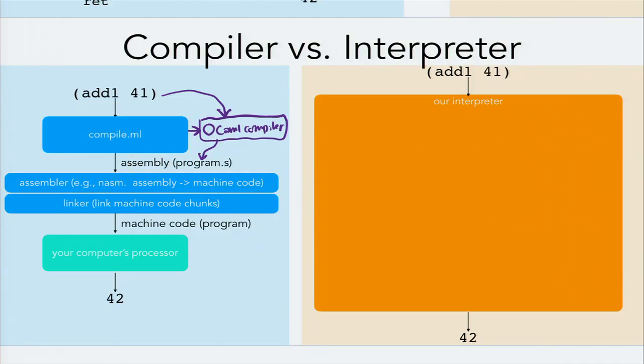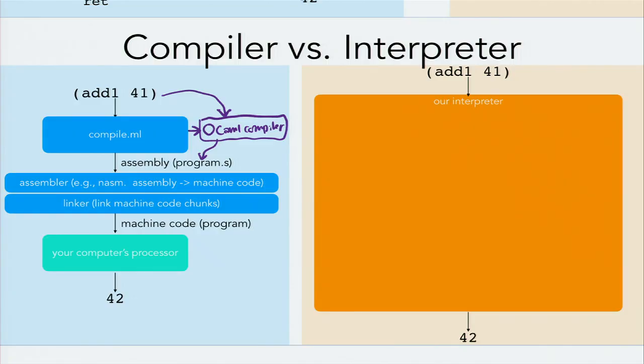We've seen it appear inside program.s, right? And then that assembly that we see inside program.s, we can do various transformations to come up with machine code. And then we can pass that machine code off to your x86 processor of choice. And out we get this nice little answer 42, right? So that's how we go from a program to a value in compiler land when we are using a compiler.